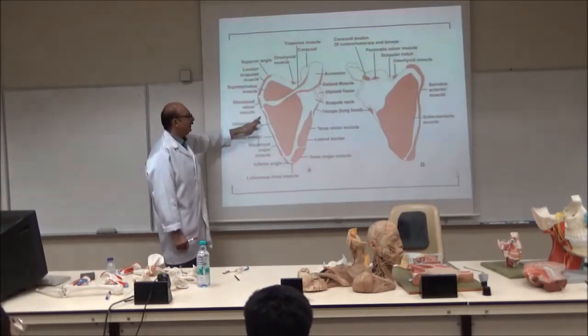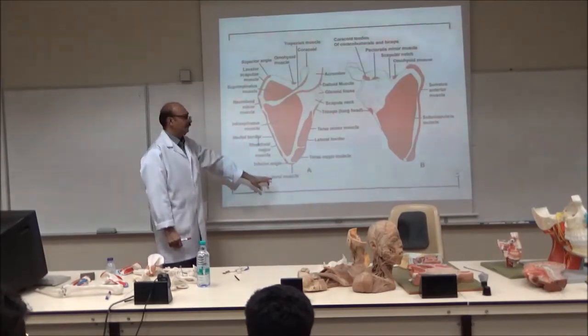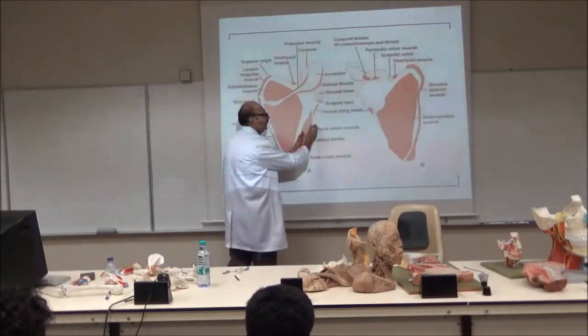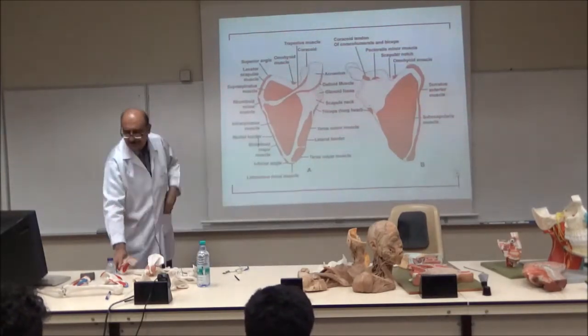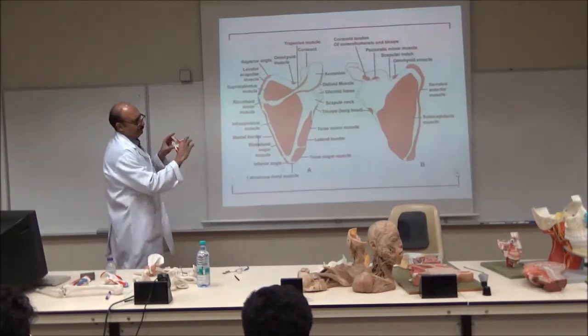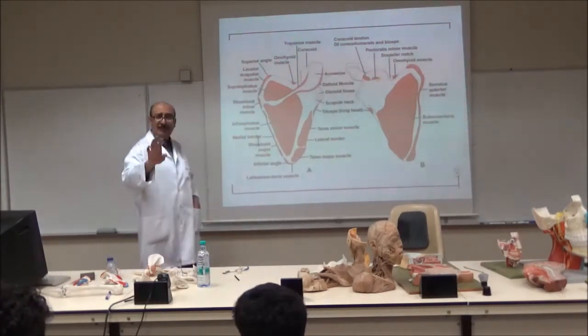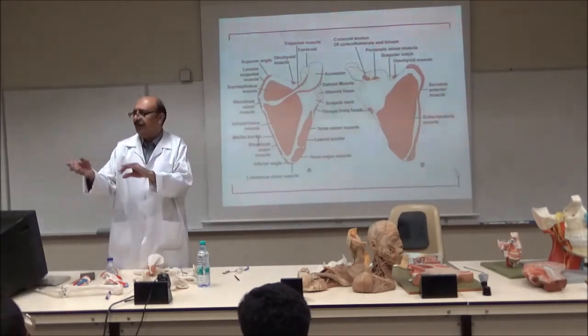Rhomboid major, minor. Then two teres, major or minor. On this side, two teres, and on this side, rhomboids, major and minor. Where are they? Here.